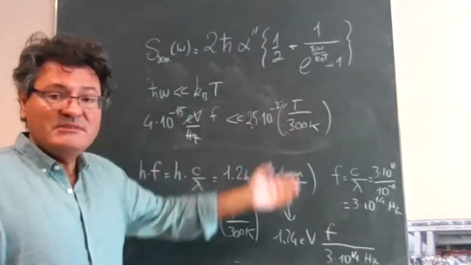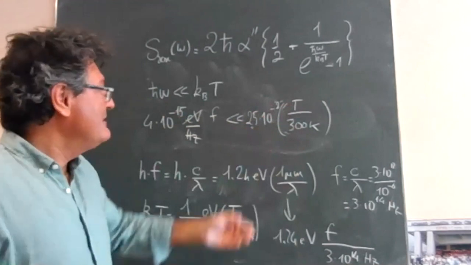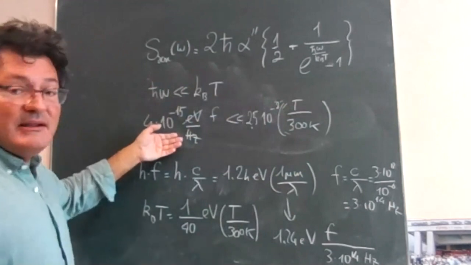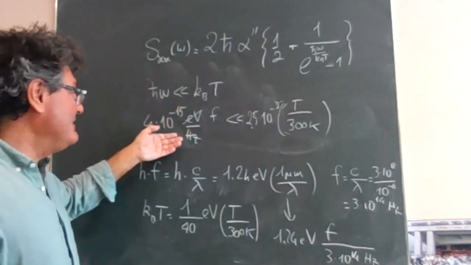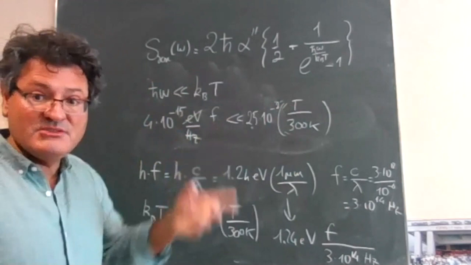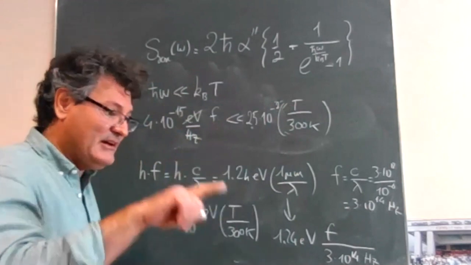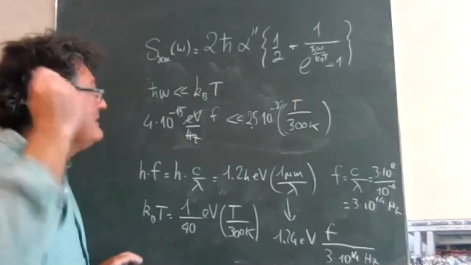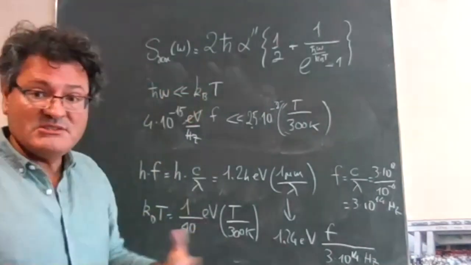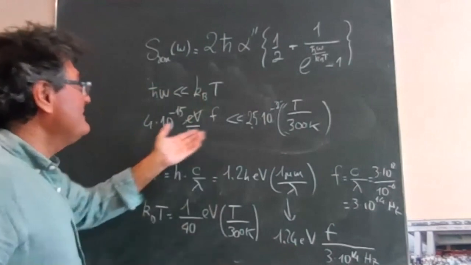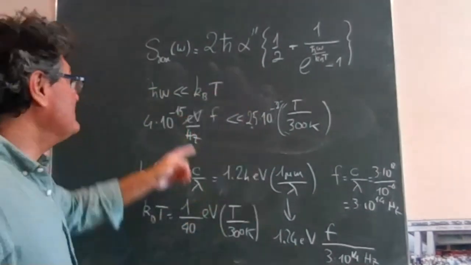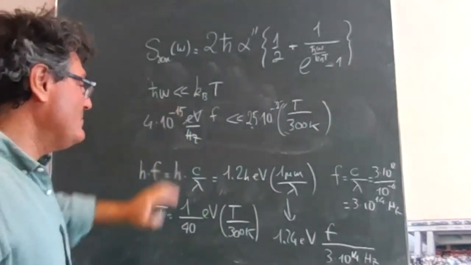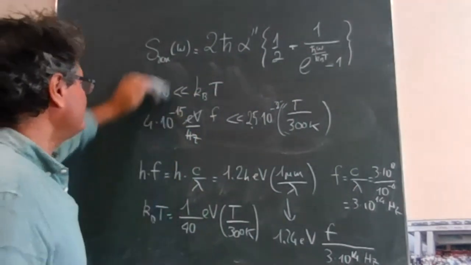So even if we go down to 1 Kelvin, the average thermal energy is orders of magnitude larger than the quantum energy associated with the harmonic oscillator at 10 kilohertz. So definitely, for our business of gravitational waves, we can consider the classical limit. So we can take this limit. Okay, so we are kind of safe.